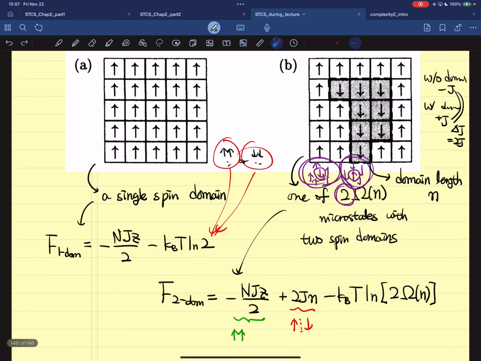And one nice thing is that we don't need to actually exactly calculate this one. Certainly that is an interesting mathematical problem, but we don't actually need that. Because our final destination would be just to give some inequality rather than equality to estimate the critical temperature.